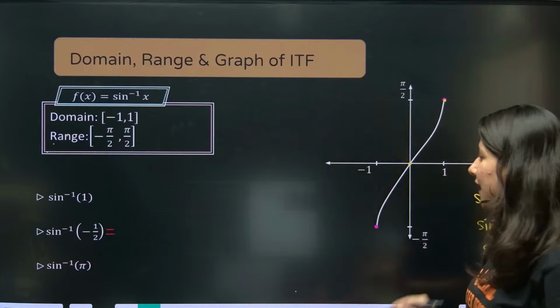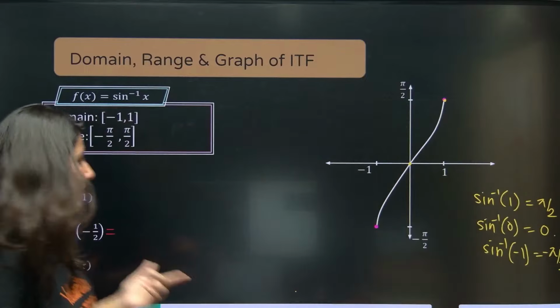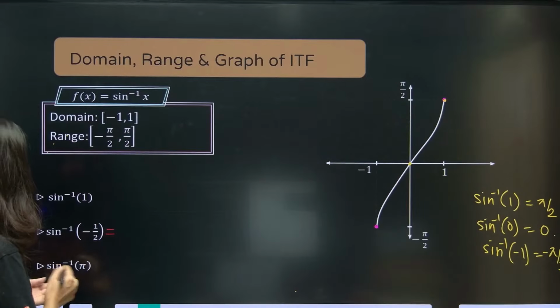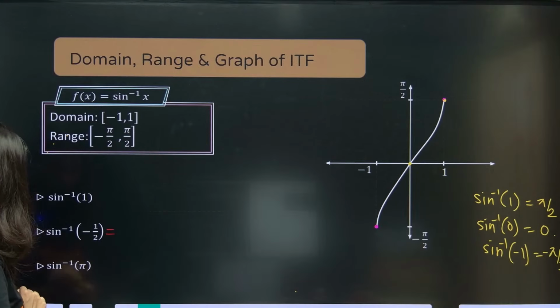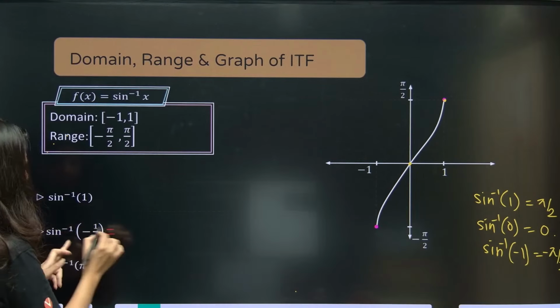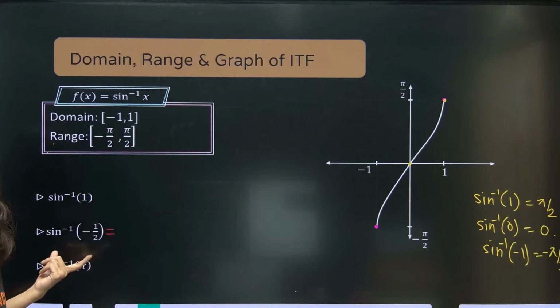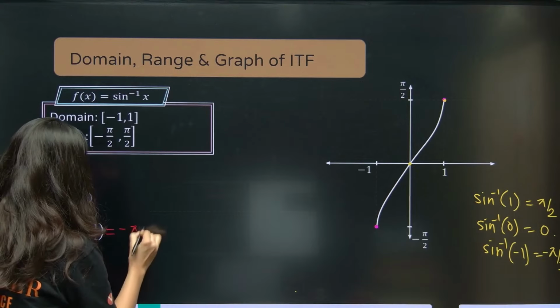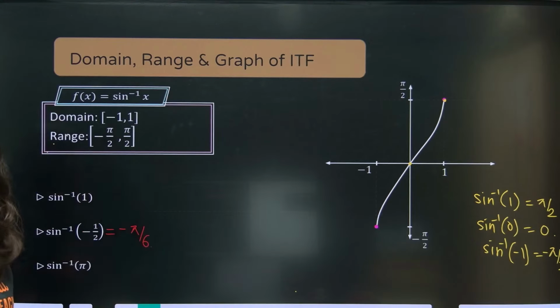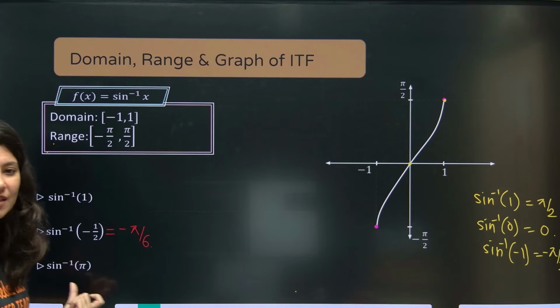See, so sin inverse 1, sin inverse minus half, can anybody tell me? Yes. Sin inverse 1 is what? So we have told pi by 2. Actually, sin inverse minus half. Tell me the value. So minus pi by 6. What about sin inverse minus pi?